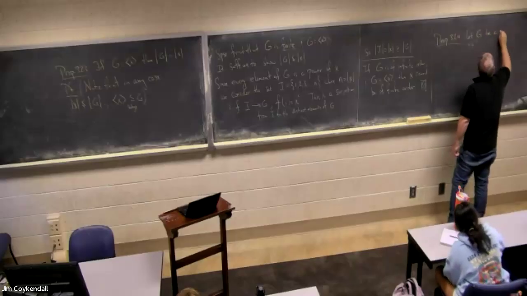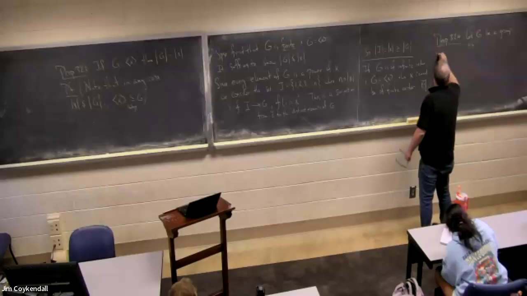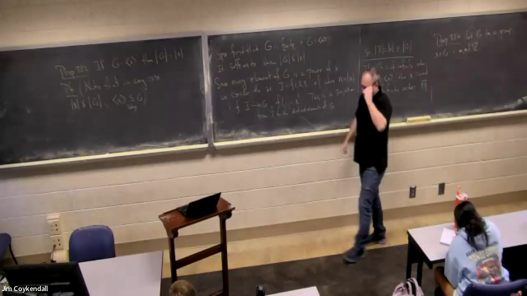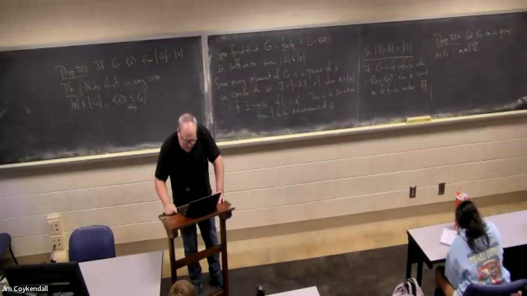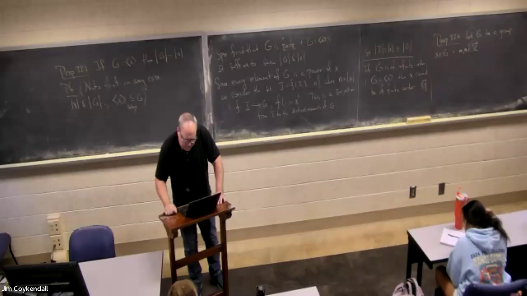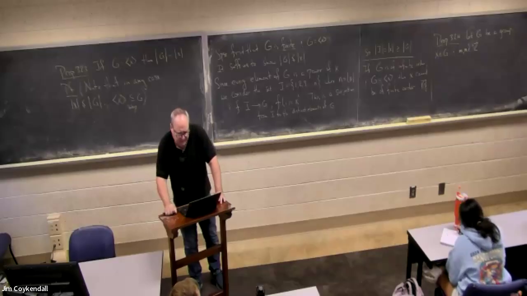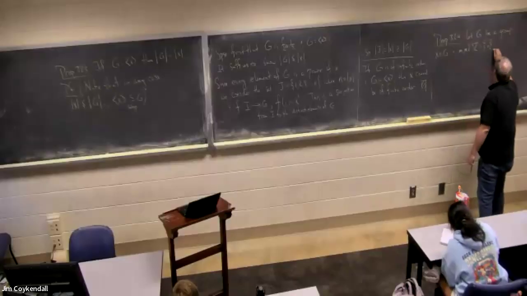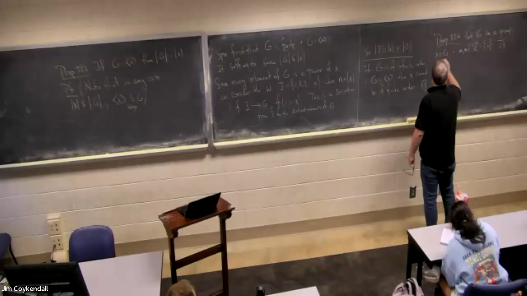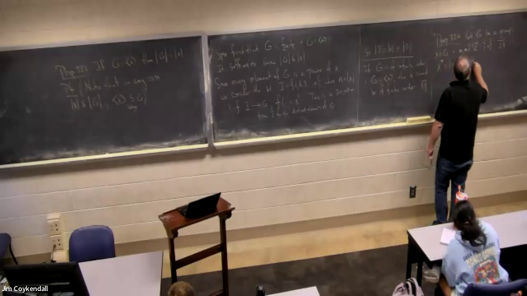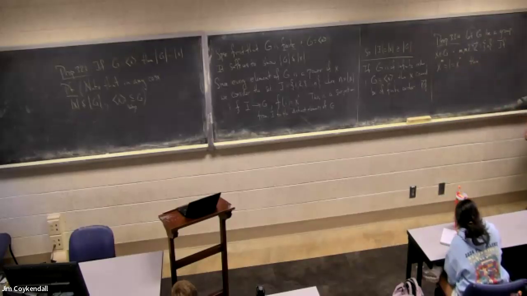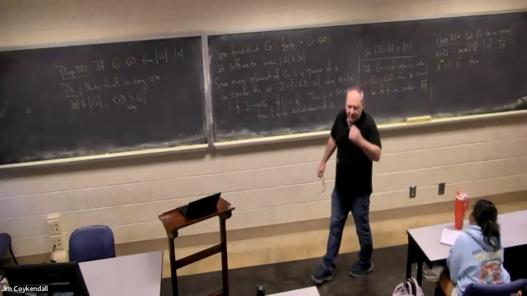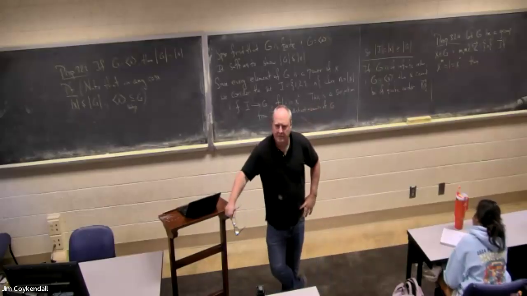Let me start over. Suppose G is a group and X is an element of G. Suppose X to the m is the identity, and you also know that X to the n is the identity.